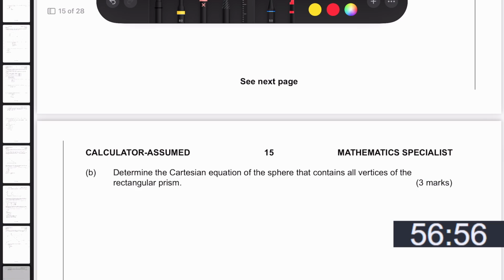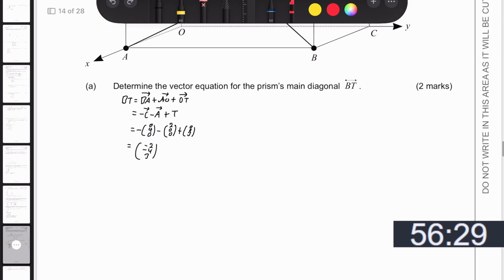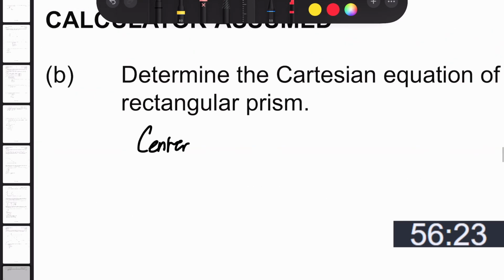Determine the Cartesian equation for the sphere that contains all vertices of the rectangular prism. So the center will be at M, and then it's halfway OC, or OA I mean. Center at OM, wait, what was it?